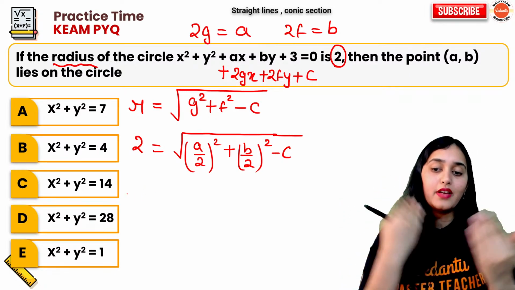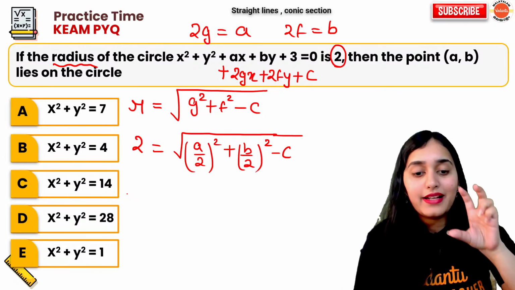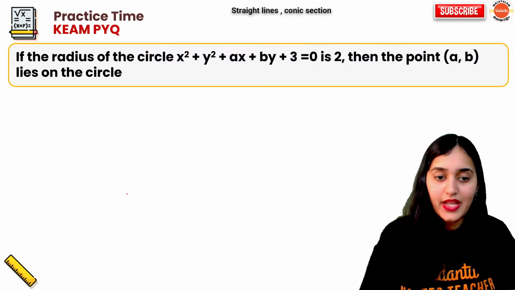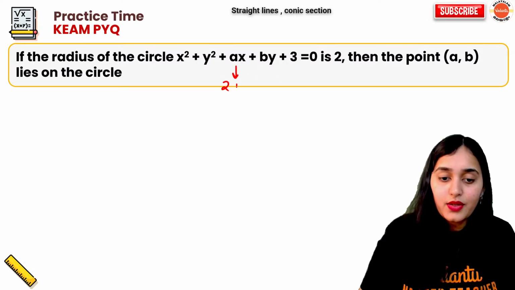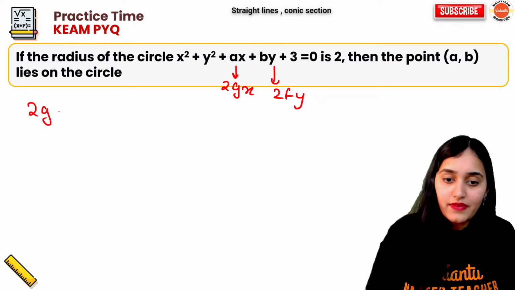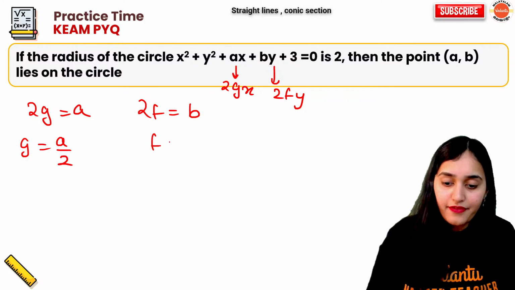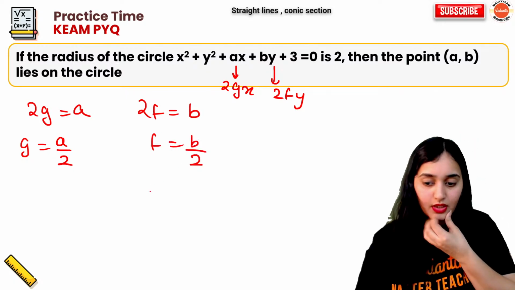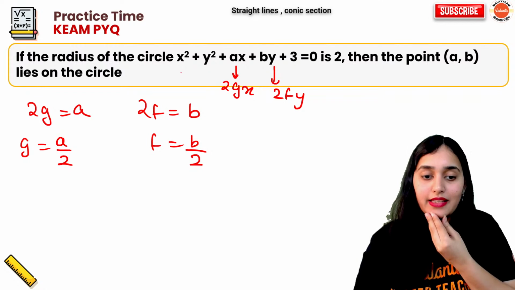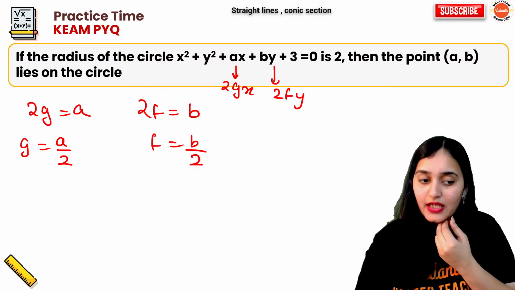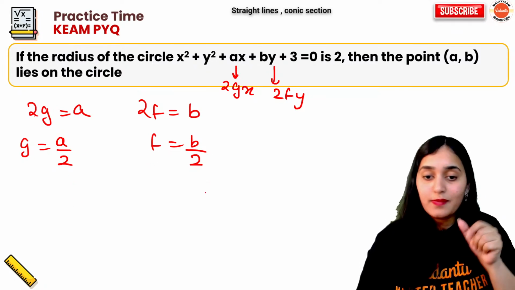Please keep telling me whether you are able to understand or not. If you are not able to understand any point, then you can stop me there. I am saying this is basically 2gx, this is 2fy. So 2g will be a, 2f will be b, g will be a by 2, f will be b by 2. Now Rishan, can you understand?